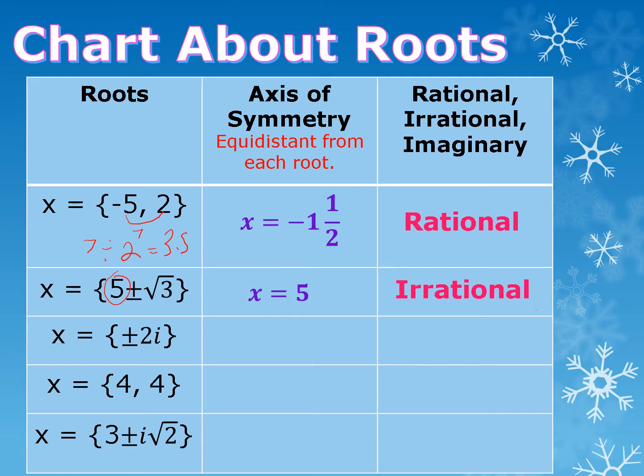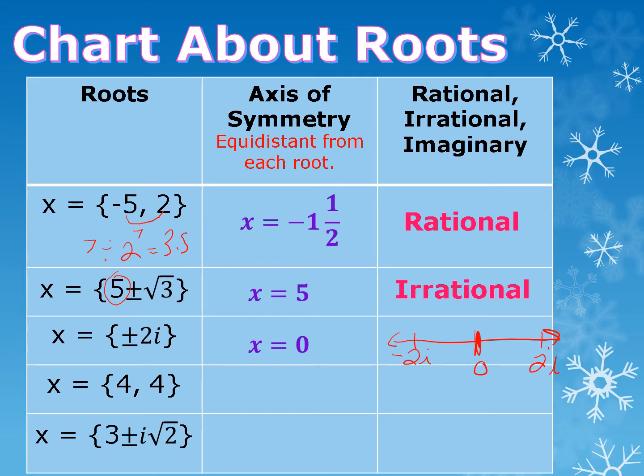All right, let's look at the next one, plus or minus 2i. Well, let's think about that. So I have a number line here, and I have -2i, and I have +2i. Well, what's right there in the middle? 0.